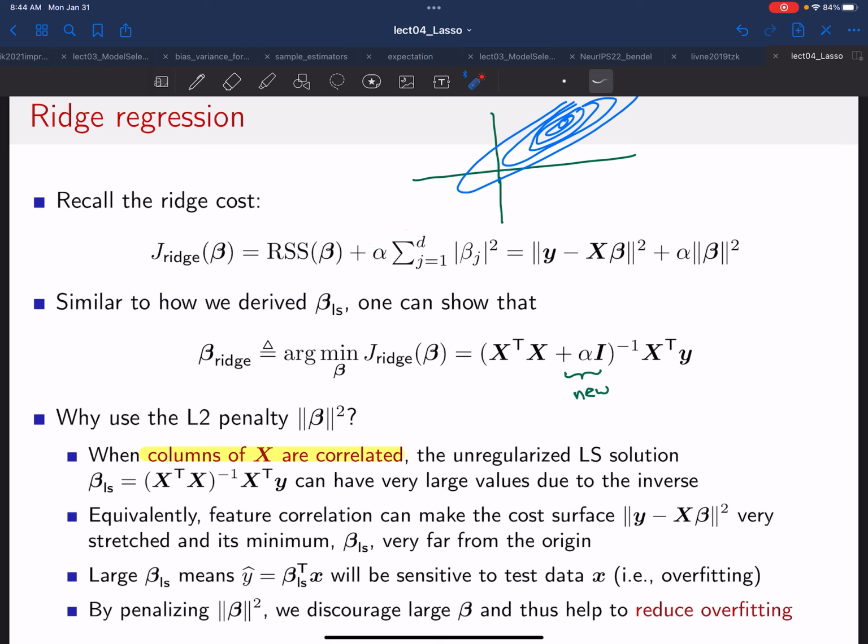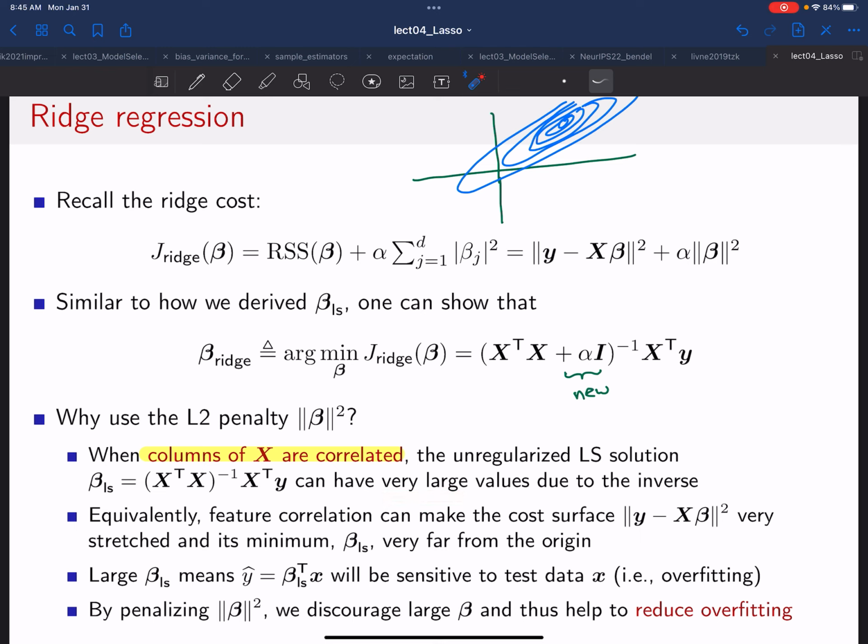But that doesn't mean that you want to use them all, because if you choose a point on the line that's very far from the origin, when you use that for predicting a test sample, the fact that this has such a huge norm means you can get a really crazy answer. So again, when you do this with highly correlated X, the solutions you can get can have very large values.